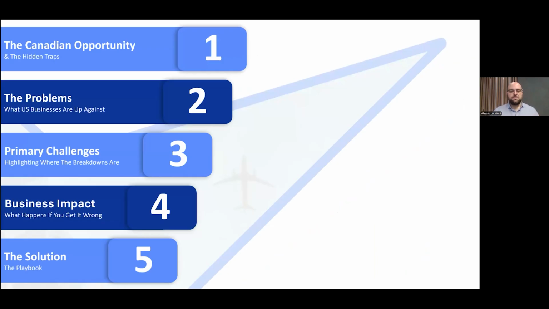Some of the key principles that we'll look at today are basically these 5 primary points. The first being the Canadian opportunity, what that means commercially, and what some of these hidden traps look like. Then what the problems are, and what US businesses are up against, looking at some of the primary challenges that are brought about because of these problems, and highlighting where the breakdowns come in.